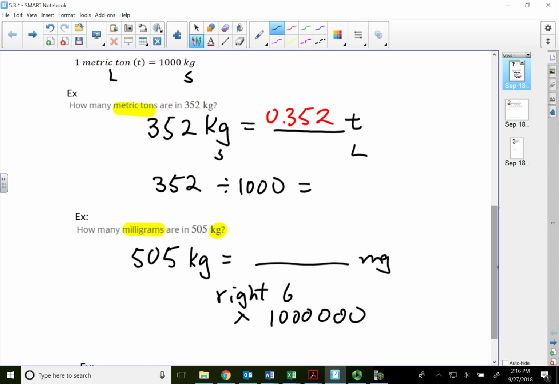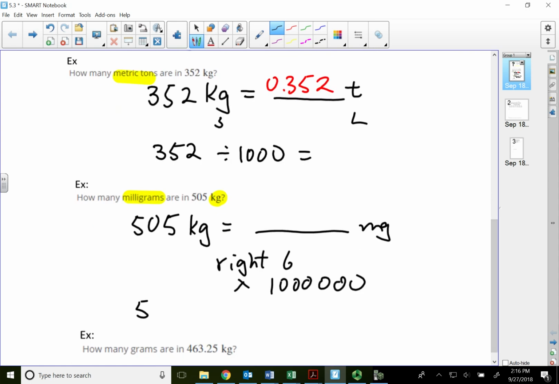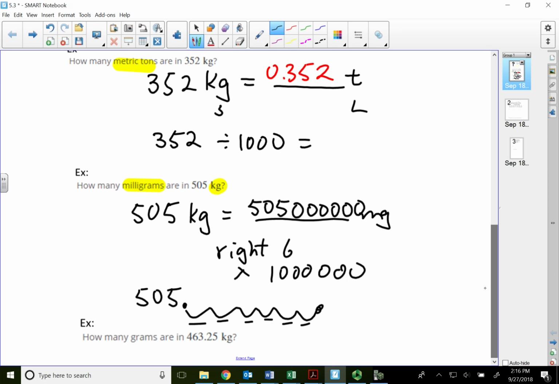For 505, the decimal is behind it, and moving it to the right 6 places gives me 6 empty spaces where I can put 0s. Most students just know this is 505 with 6 zeros attached to it. That will be my answer.